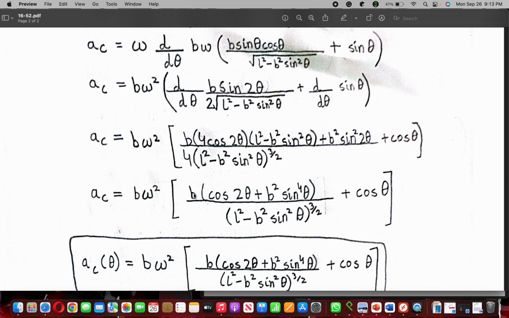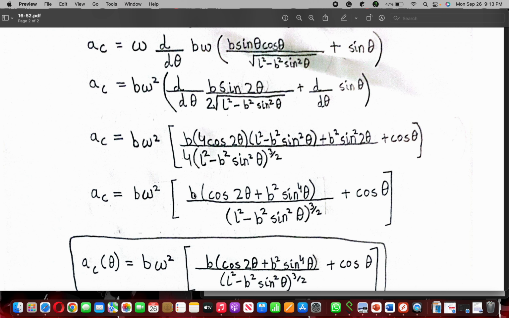But in this question, we have to be really careful while using the quotient rule, keeping in mind that there are a lot of symbols we're using, so we have to remember what we are differentiating with respect to, which is theta over here.